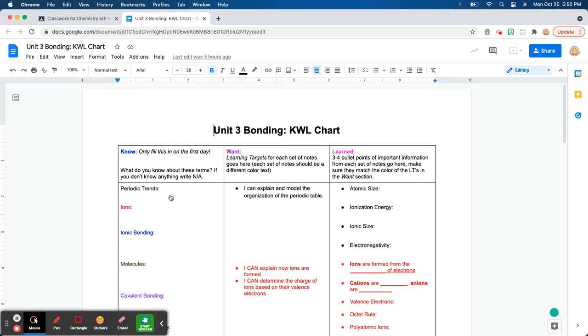Okay, so this KWL is going to look a lot different from the one you guys were already filling in class. And part of this is because I've already filled a lot of this in for you. So we have our know section, our want section, and our learned section. You're going to fill this in today at your know section. So what I want you to do is take the next few minutes.